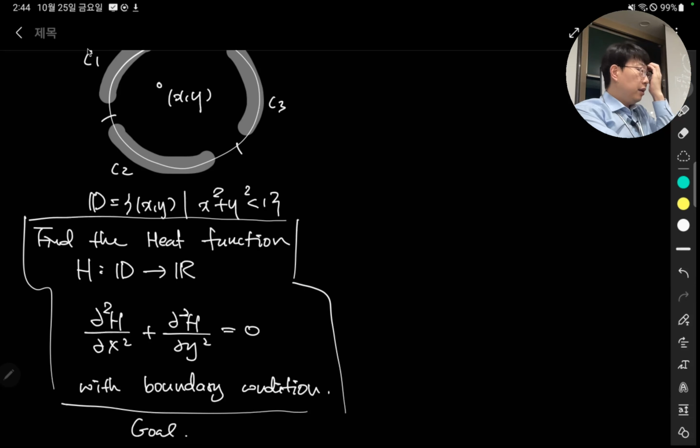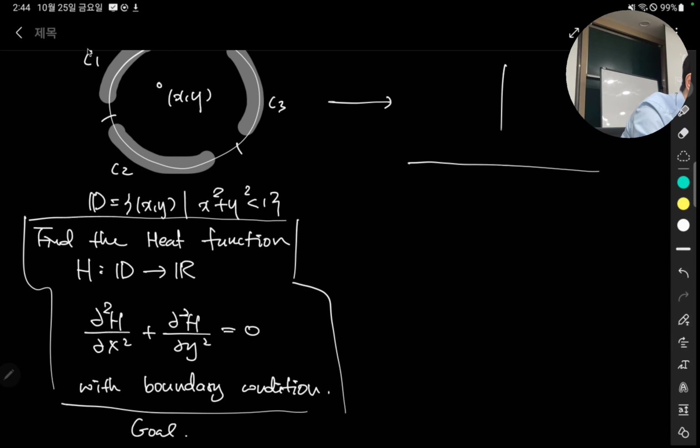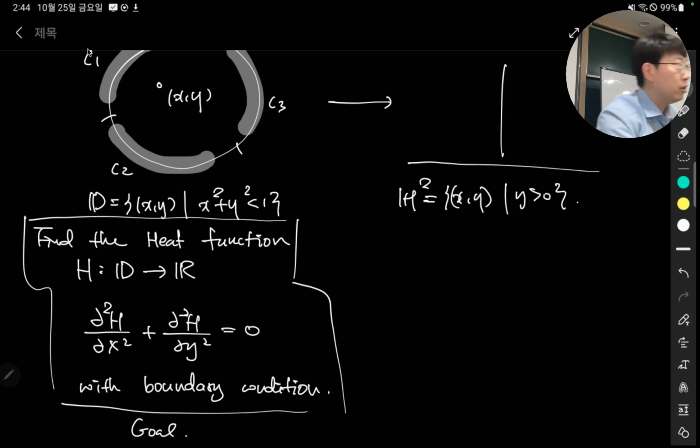Now, finding such a map H is hard when dealing with the disk, because the boundary is circular and it's hard to formulate the parameter. So we are going to find this map through the upper half plane. I'm going to first transform that disk into the upper half plane H, where the upper half plane is simply the set of all points in the two-dimensional plane where the y coordinate is positive.